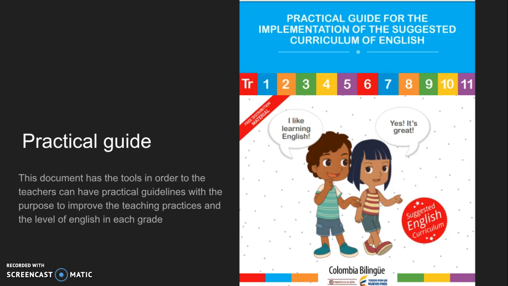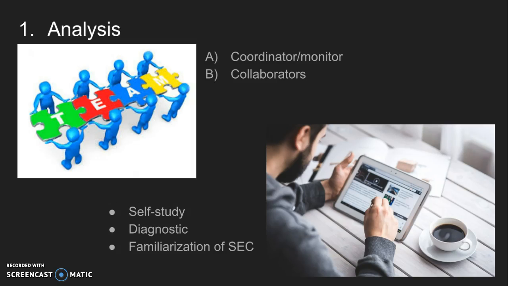teacher-centered. The practical guide is divided into 4 main stages, the first of which is the analysis, and it is the most important one because the implementation of a new team is required, with coordinators, who will be the guide and implement the lesson plans, and also collaborators who will design a lesson plan about how the suggested English curriculum is implemented.